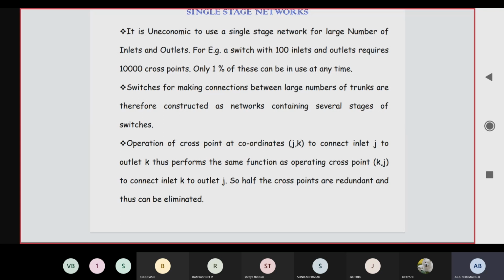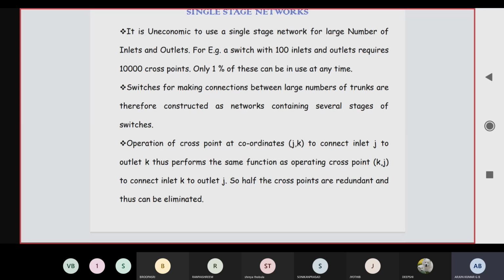Switches for making the connection between a large number of trunks are therefore constructed as a network containing several stages of switches. Then we go for this to avoid these kinds of connections. Then we'll go for some stages. They will make some groups. Suppose, I will show it in the next slide, there are 100 inputs and only 50 outlets.